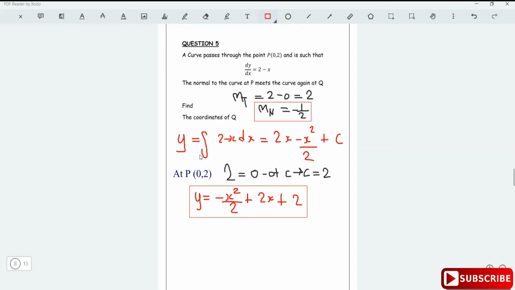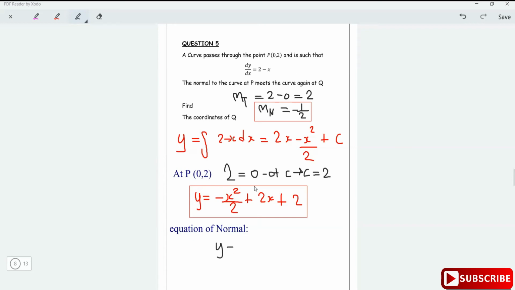So now we can write the equation of the normal. To find it, it's y minus the y value of 2, equal to the gradient of the normal, which is minus half, times the bracket x minus 0.